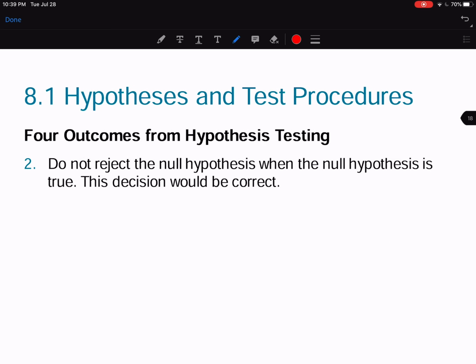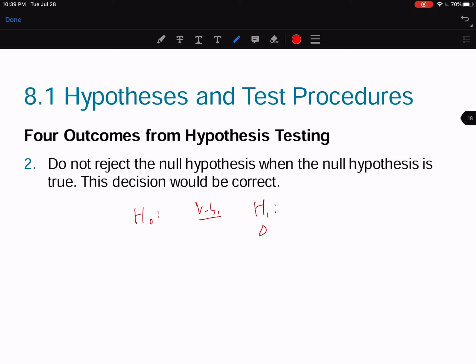Okay, number 2, do not reject the null hypothesis when the null hypothesis is true. And this decision would be correct as well. So let me just write it down. So this is the null hypothesis versus the alternative hypothesis. And once again, for hypothesis testing, we're trying to find evidence to support the alternative hypothesis, right?